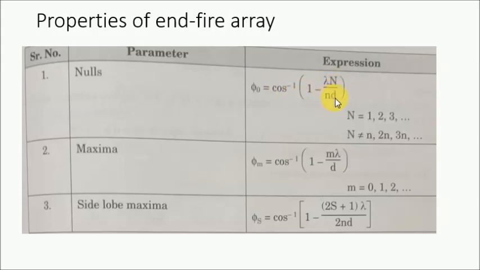The condition is that n varies from 1 up to 3, and capital N is not equal to small n or an integer multiple of n. Here, if you observe the negative sign, this negative sign will be positive if we have alpha equal to beta d and phi equal to 180 degrees.